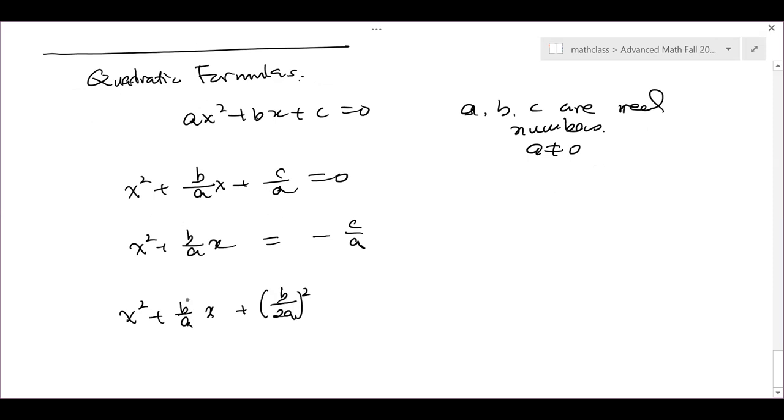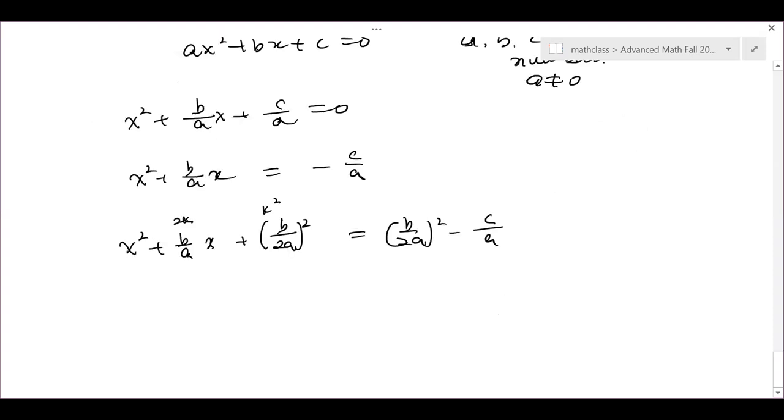That's k, because that's 2k, right? That's k squared. So 2k equals b over a, then k is going to be b over 2a. So let's simplify both sides. The left hand side is x plus b over 2a, squared. The right hand side, I'm going to multiply this out to b squared over 4a squared minus c over a.